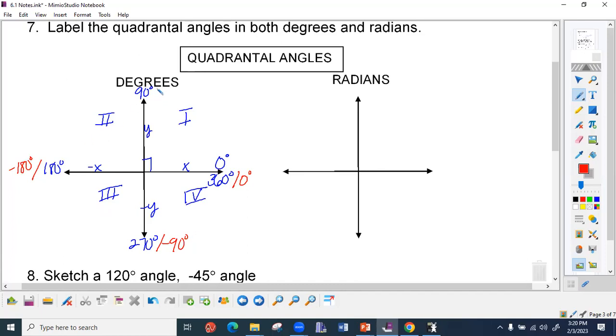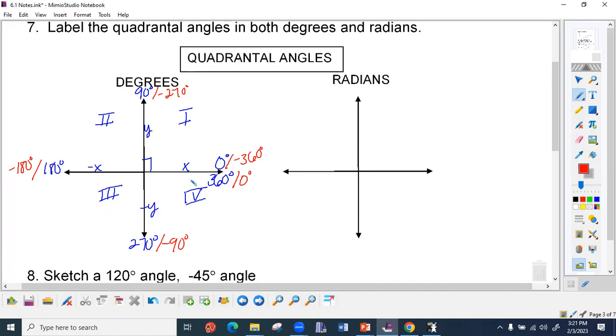Instead of being 90 degrees, this is going to be negative 270. And then we come back at negative 360. That's because when we have a negative, we go clockwise instead of counterclockwise. Are we okay?